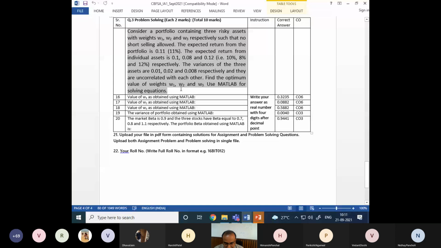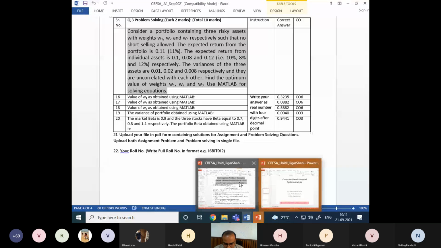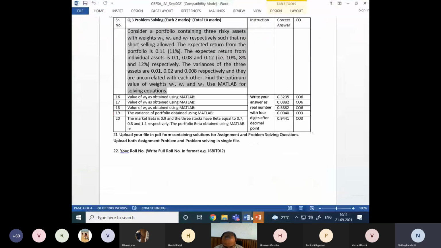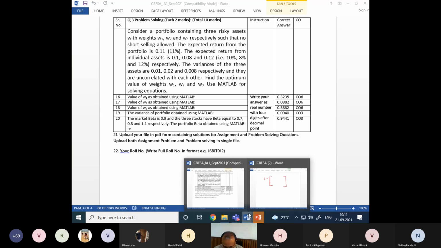What will be the sigma matrix? Elements other than the diagonal will be 0. Yes, the diagonal elements are simply 0.01, 0.02 and 0.008. All other elements are 0 because the securities are uncorrelated, so their covariance is 0.